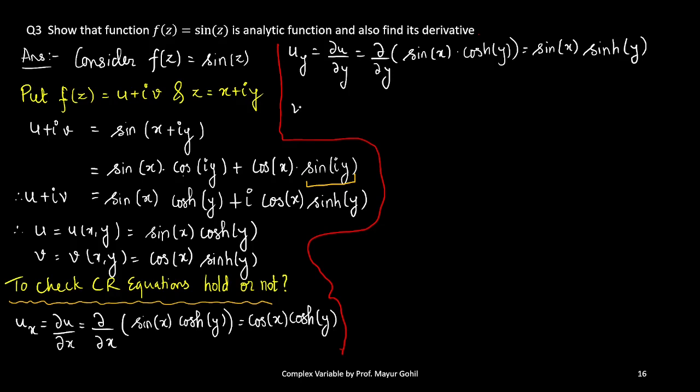Now we calculate the derivative v suffix x, so del v by del x. Del by del x operates on v, that is cos x times sine h of y.